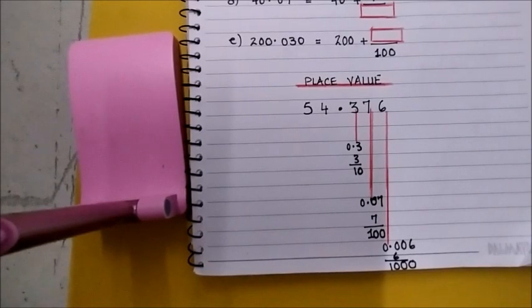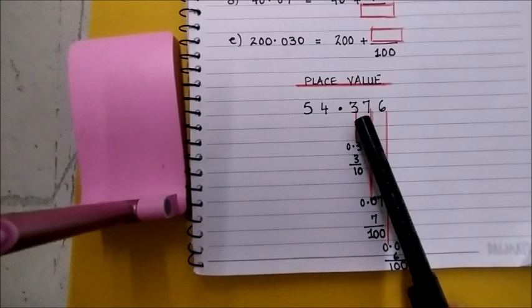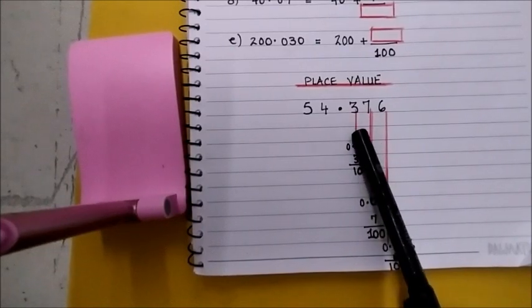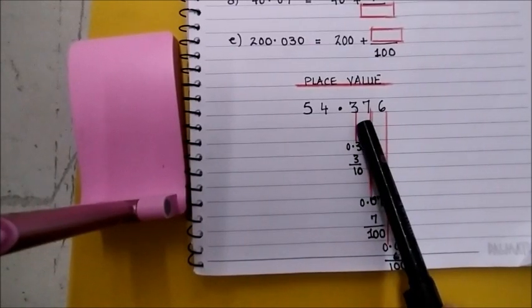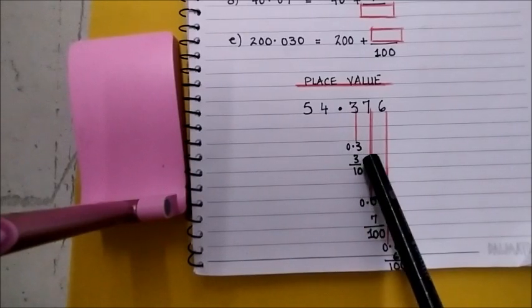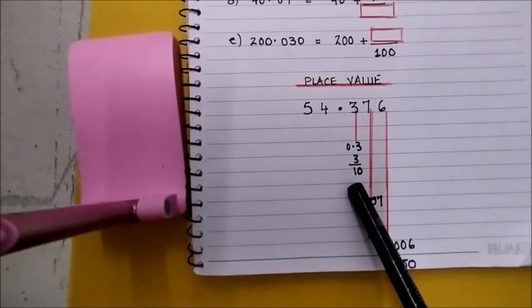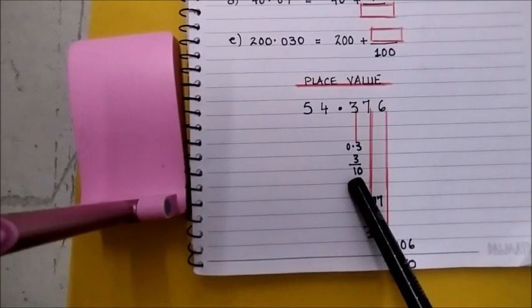The numbers on the right side of your decimal point are 3, 7, 6. So the first figure that you see is a fraction. The first number that you see is a tenth, which is 0.3. That is 3 upon 10, since it is standing on the tenths place.